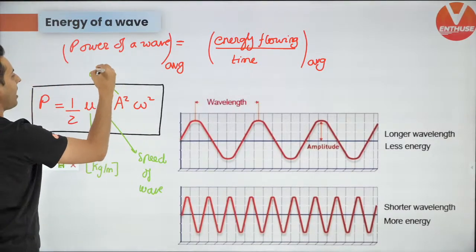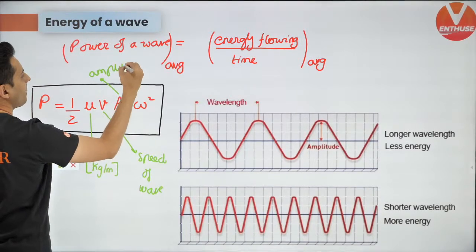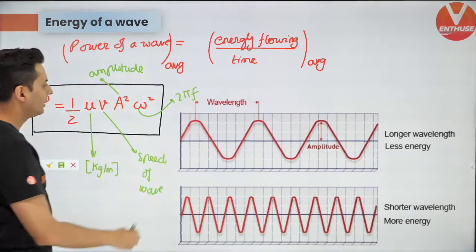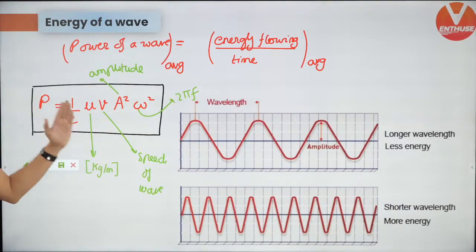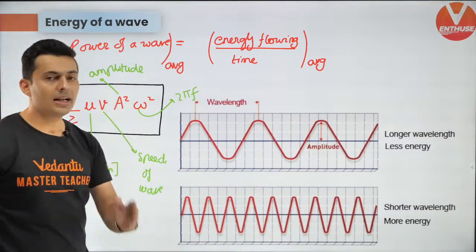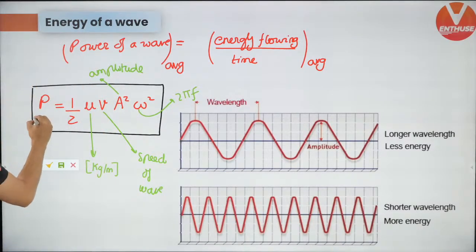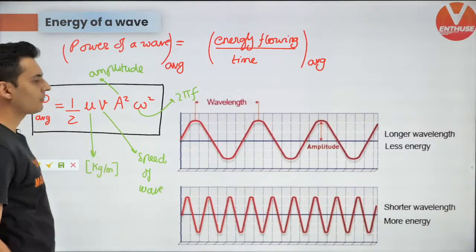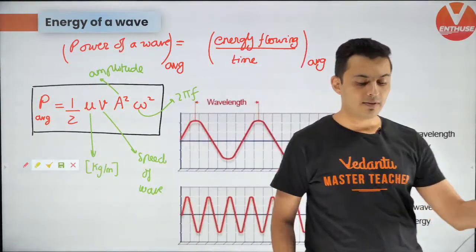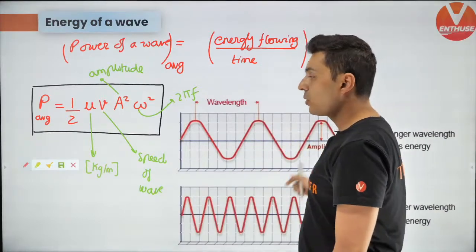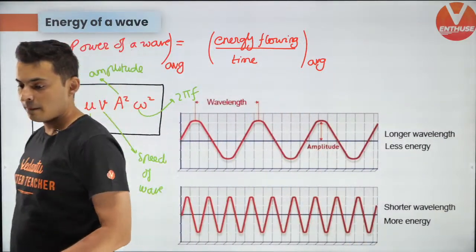This a is amplitude, and this omega is standard, which is 2 pi f. All standard things. Half mu v a square omega square is the average rate at which energy flows. This is the average flow of energy. Remember this, for a wave on a string. When a wave flows on a string, that is the energy.